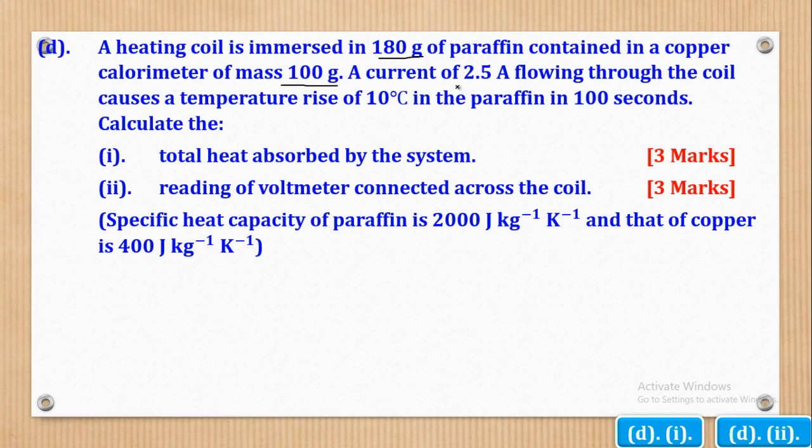A current of 2.5 ampere flowing through the coil causes a temperature rise of 10 degrees Celsius in the paraffin in 100 seconds. Calculate Roman 1, the total heat absorbed by the system. We are given that the specific heat capacity of paraffin is 2000 and that of copper is 400.